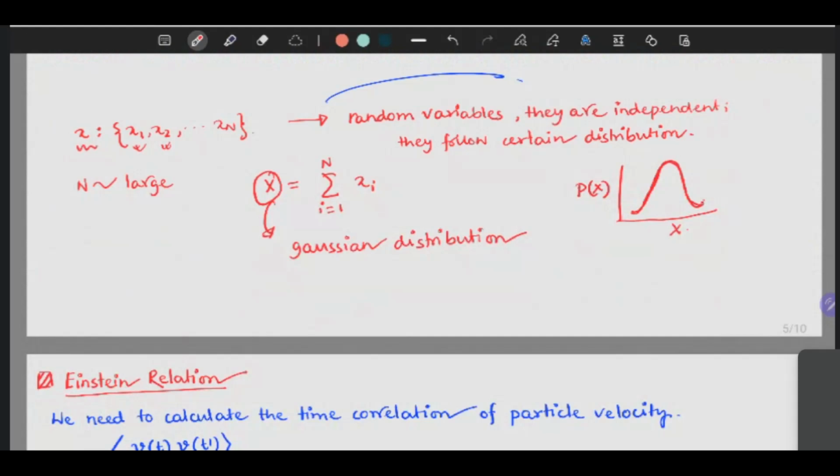So if you do that, then this integration becomes dt2 a, 2 times because of these relations, and delta(t1 minus t2) times e to the power (t1 plus t2) by tau_v.